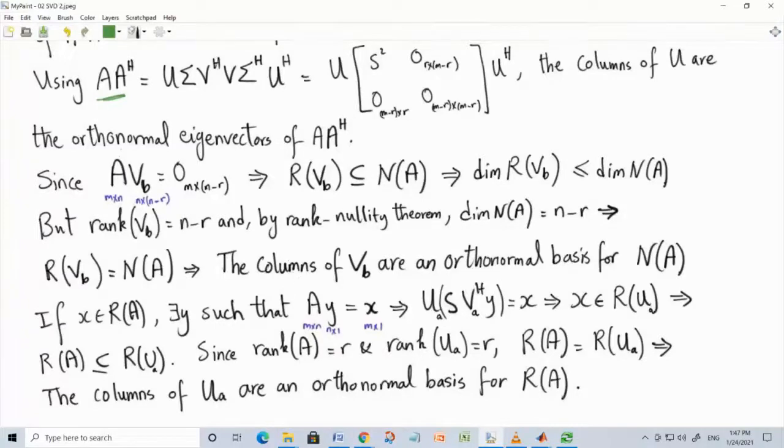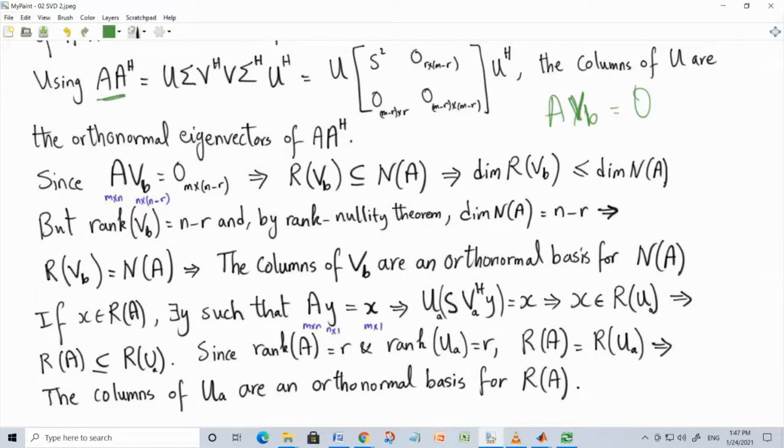Now, during the proof, we showed that A VB is equal to the all-zero matrix. So what does this mean? If matrix A multiplied by a bunch of columns living in matrix VB gives the all-zero matrix, it means that A multiplied by any column in VB is 0.